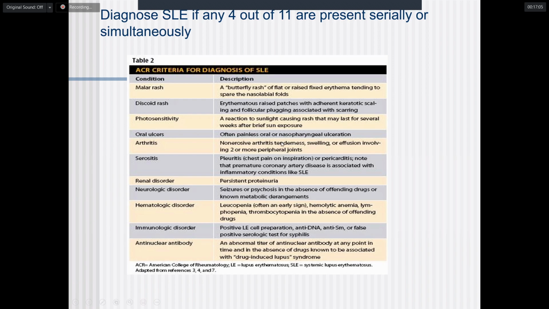Arthritis, which is non-erosive arthritis, with tenderness, swelling, or effusion involving 2 or more peripheral joints, serositis, pleuritis, chest pain, or pericarditis.